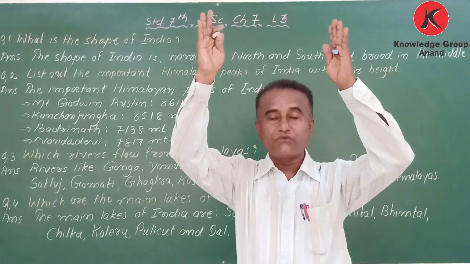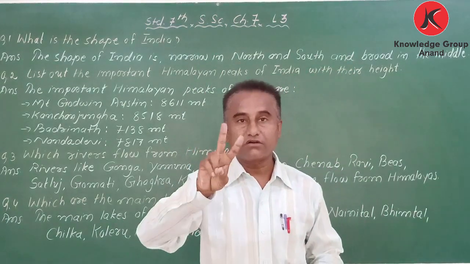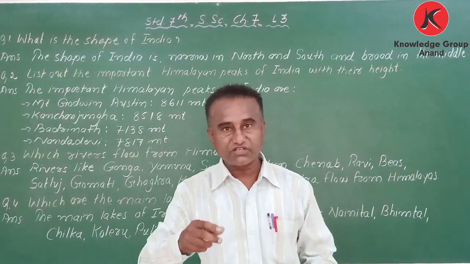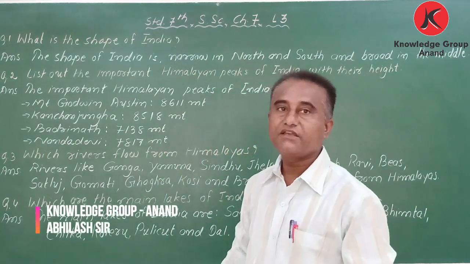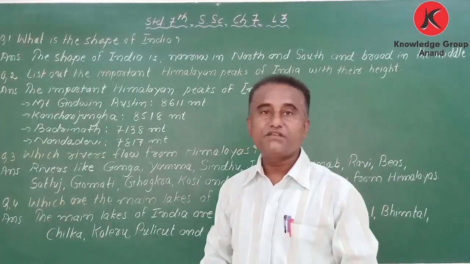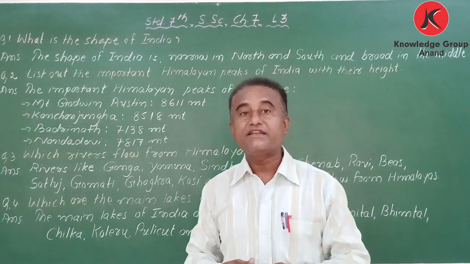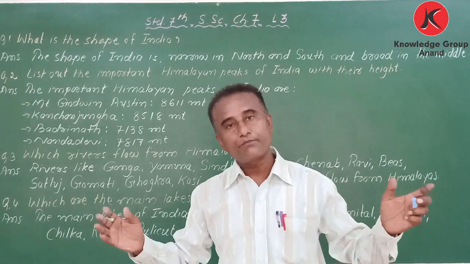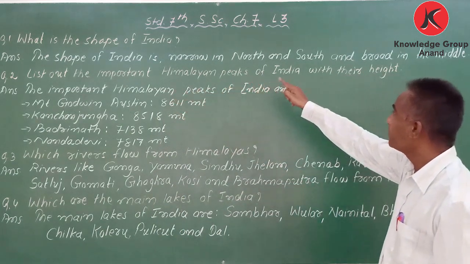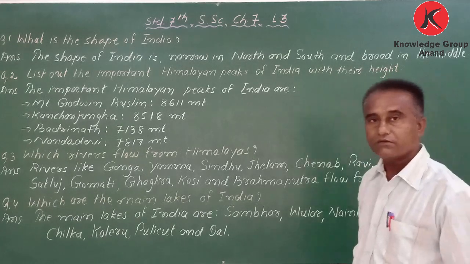We can say it's just like two triangles in opposite directions, but here we have to write down what is the shape of India. It means in north and south it is narrow, and in the center, in the middle, it is broad. The shape of India is narrow in north and south and broad in the middle.